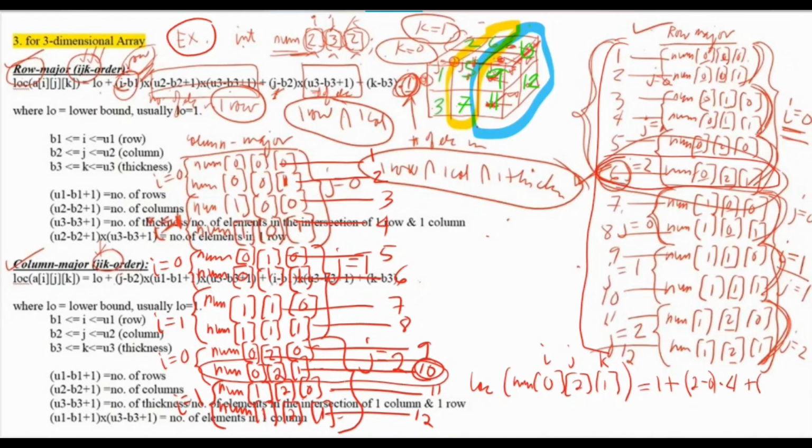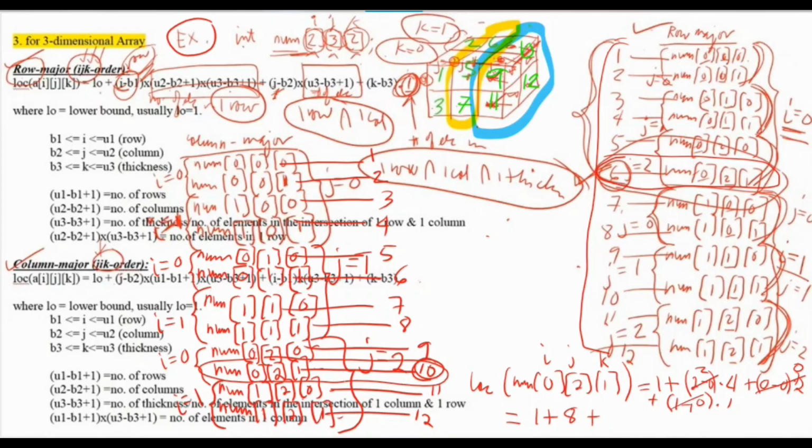plus, that is i minus b1, i is 0 minus 0, times the number of thickness, that's 2, plus k is 1 minus 0 times 1. So we now have 1 plus 2, that is simply 2 times 4, that is 8, plus, that is cancelled out, 0.